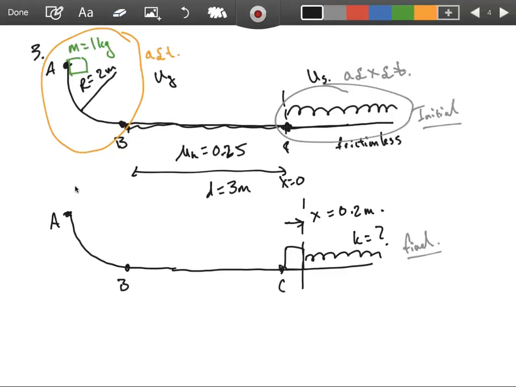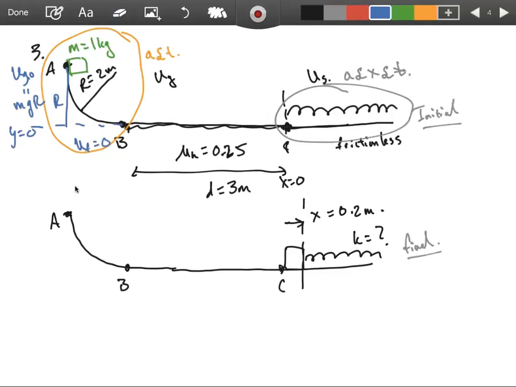For gravitational potential energy, we always want to define a y equals 0 location. For this guy, the easiest place to define it is along that straight path going from B to C, which means that this guy is going to finish with 0 gravitational potential energy, but it is going to start off with a non-zero gravitational potential energy, which is simply mg times the height, and the height here is simply equal to the radius.